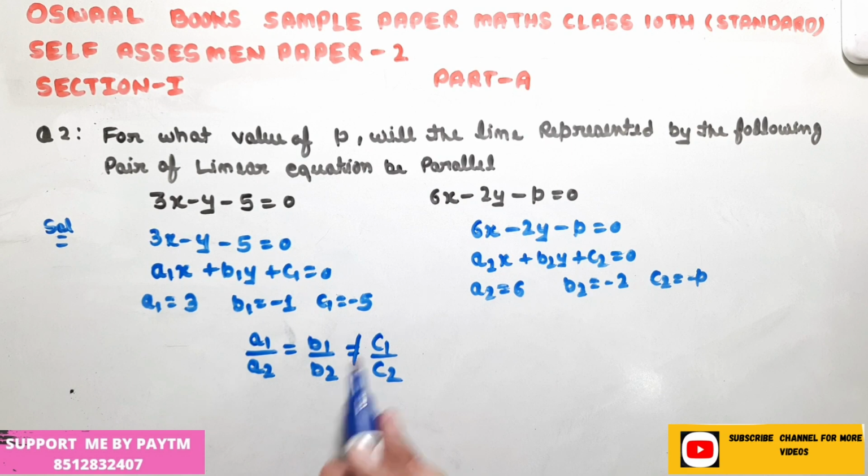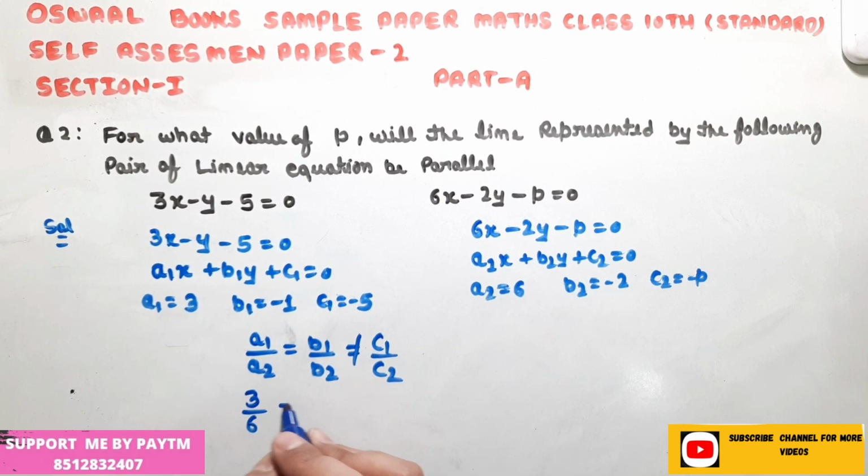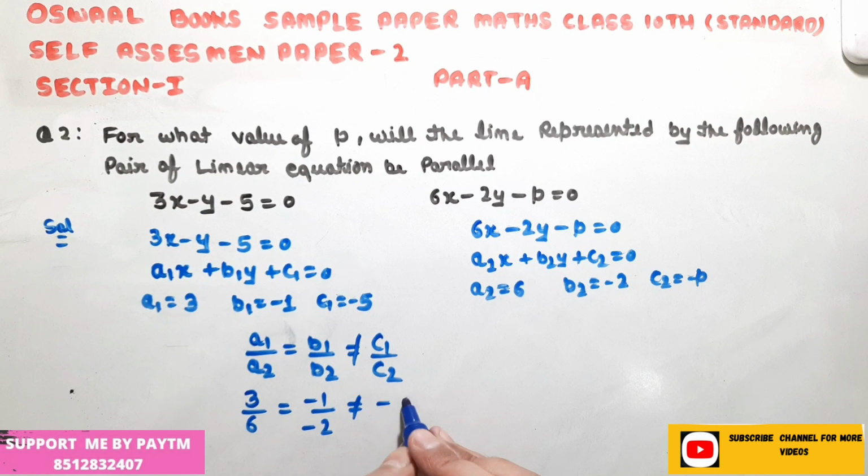So putting in the values here, 3 upon 6 equals minus 1 upon minus 2, not equal to minus 5 upon minus p.